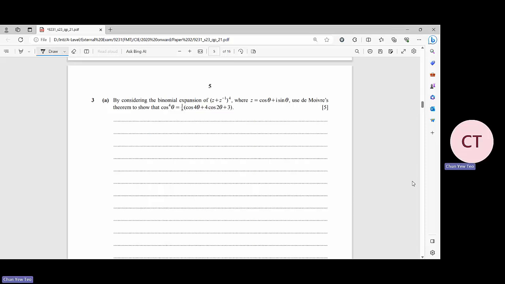So what you need to do is, you just need to let z to the power n be equal to cos theta plus i sin theta, to the power n. De Moivre's theorem says that you can make it become cos n theta plus i sin n theta. So similarly, we have z to the power negative n is equal to this.